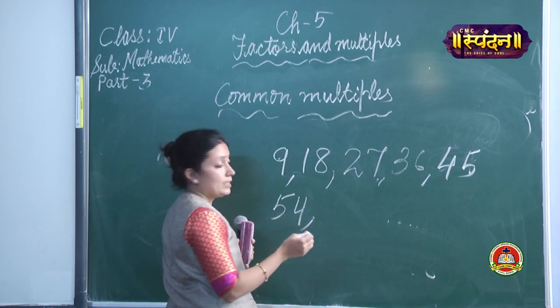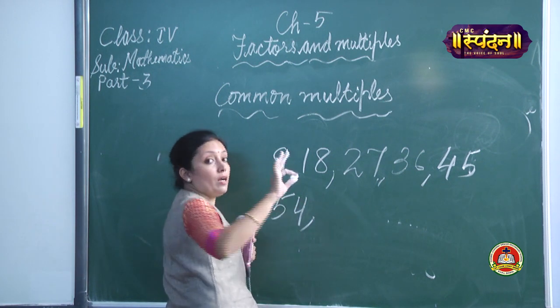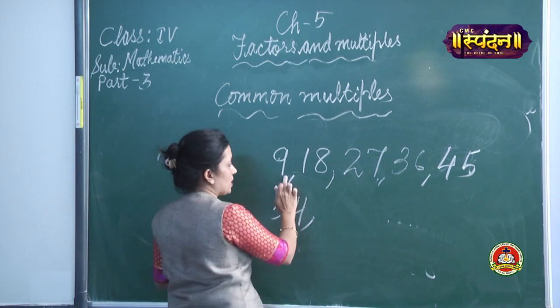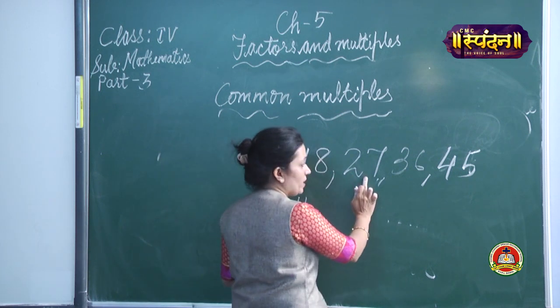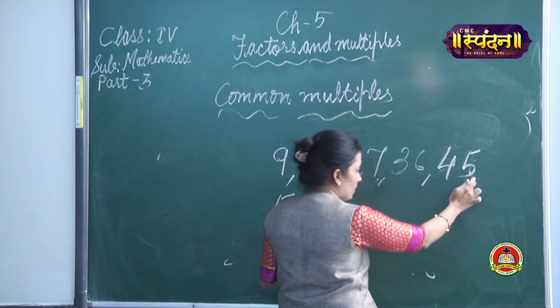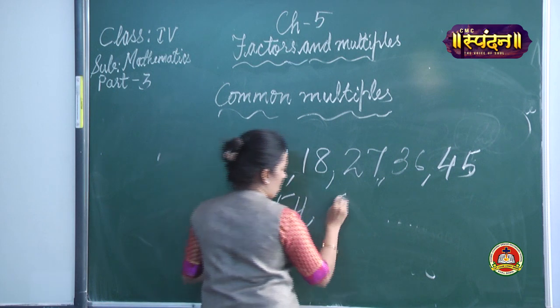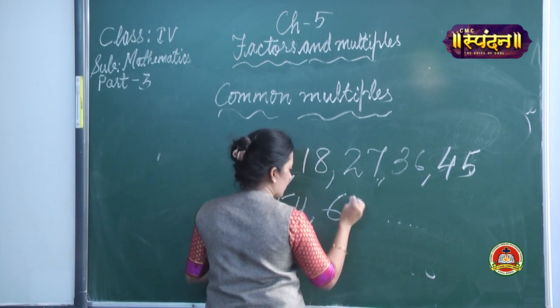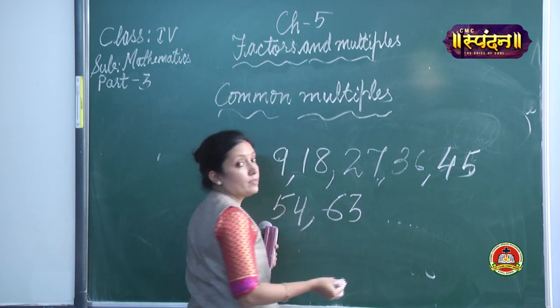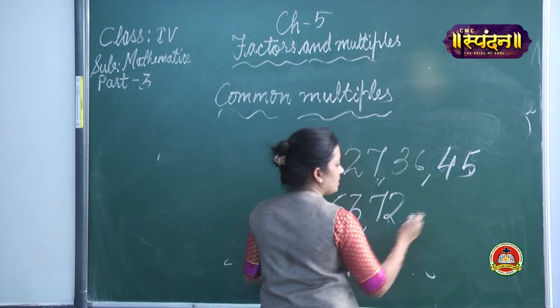Then next, if I need to continue, because I need to get 5: 9 sevens are 63, then 9 eights are 72, then 9 nines are 81.